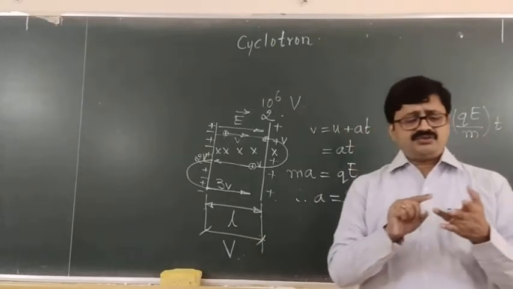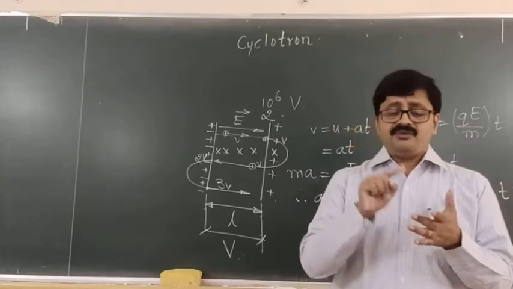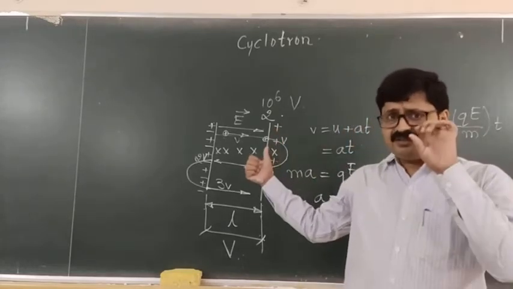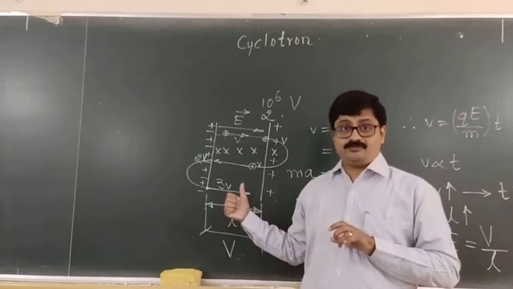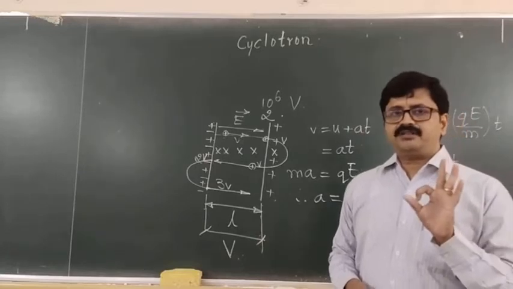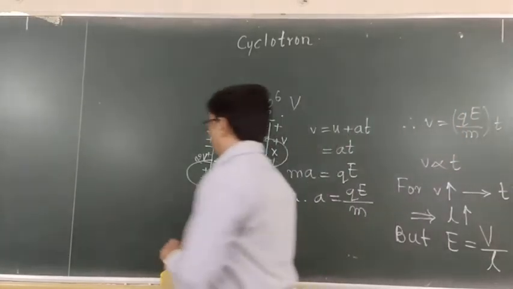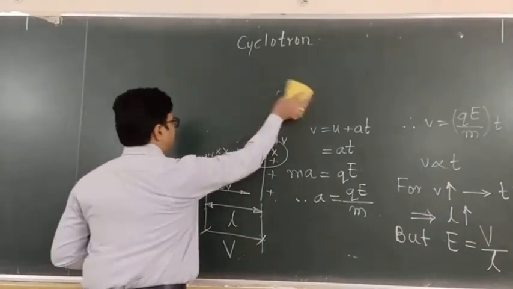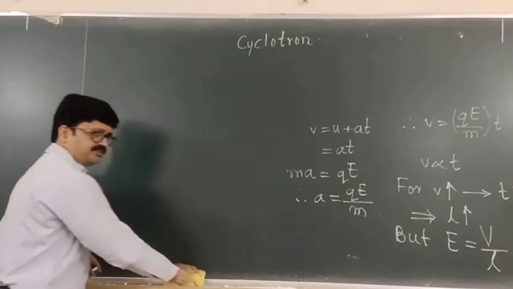The electric field is used to accelerate the charged particle, whereas the magnetic field is going to provide what? Uniform circular motion. So this is the simple form of the principle that we can mention. Okay, so hence we can write the working principle in the same way. I hope this discussion is clear to you all.